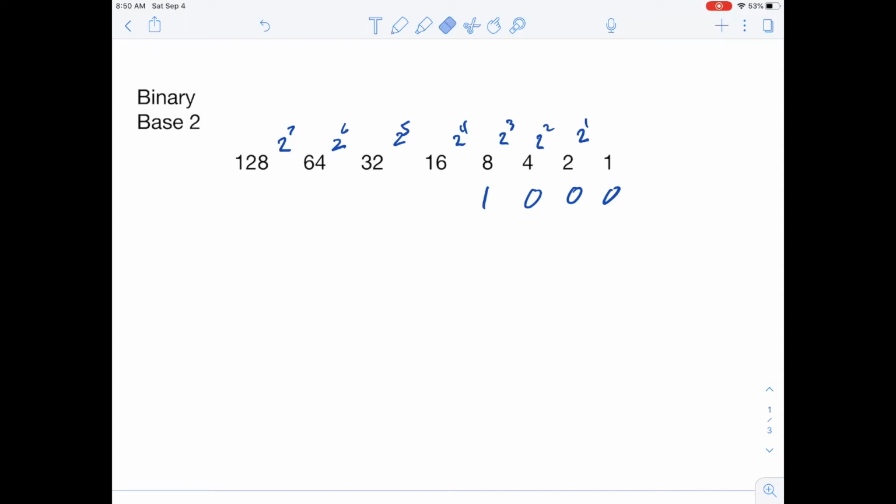After 8, this would be 9. Then 10. Then 11.